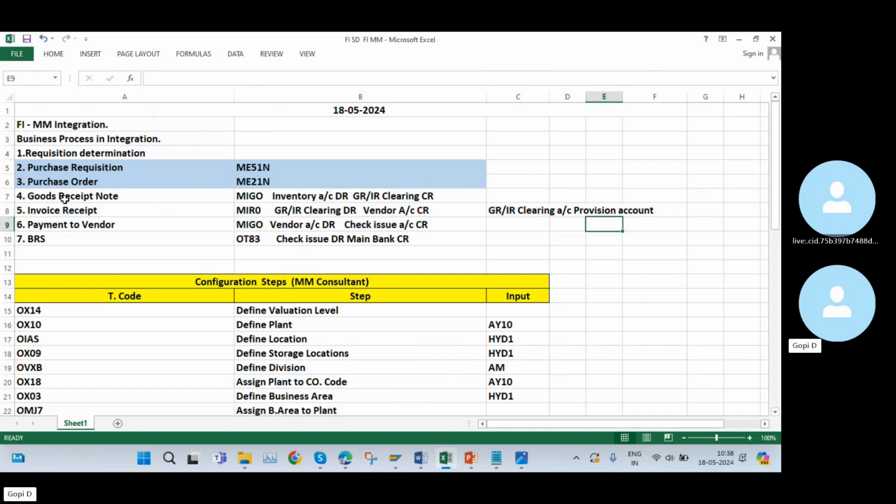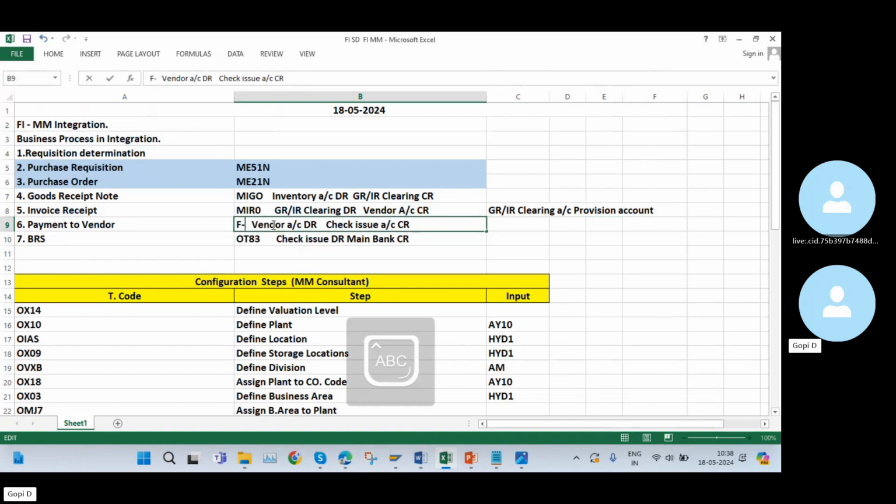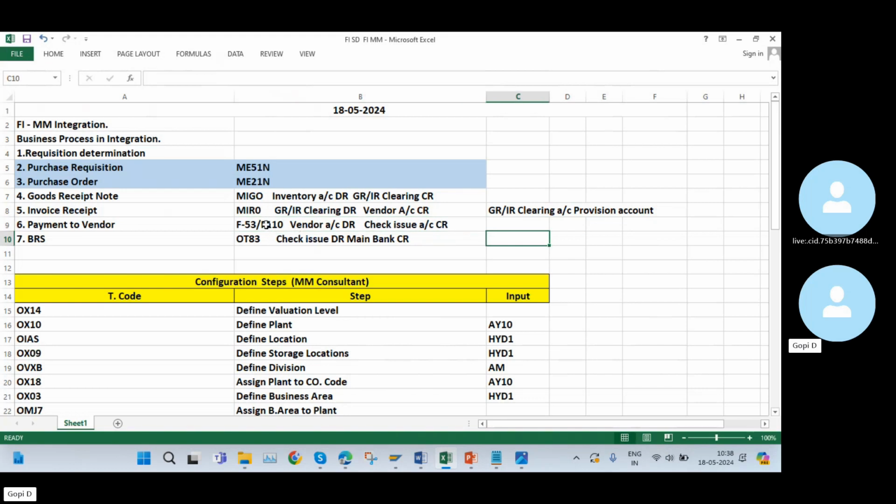So again, at goods receipt, we have the general entry inventory account debit to GR/IR clearing, and at the time of invoice receipt, the general entry will be GR/IR clearing account debit to vendor account. And at the time of payment to vendor, the T code will be F-53 or F110, either manual payment or automatic payment program.